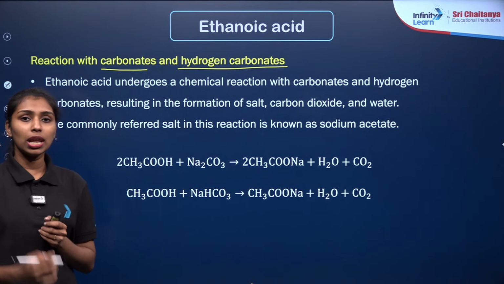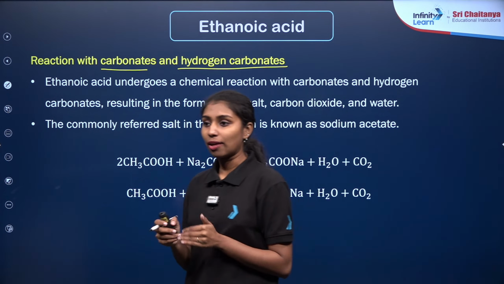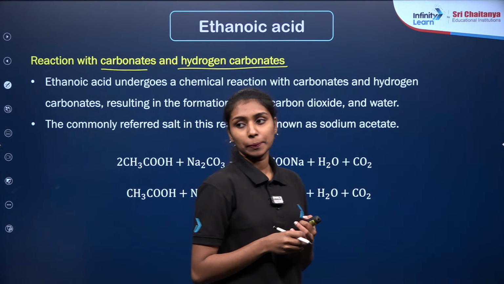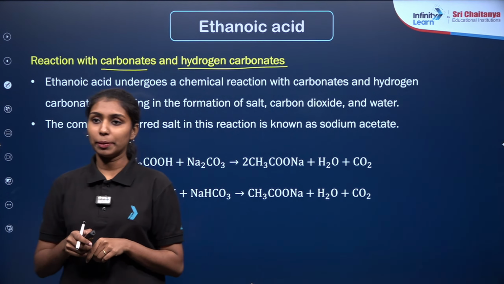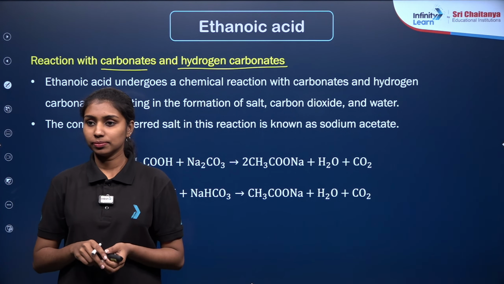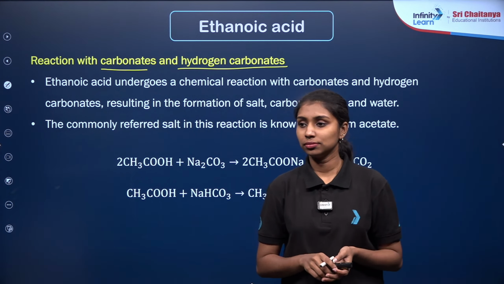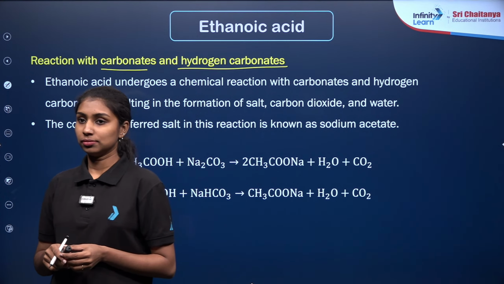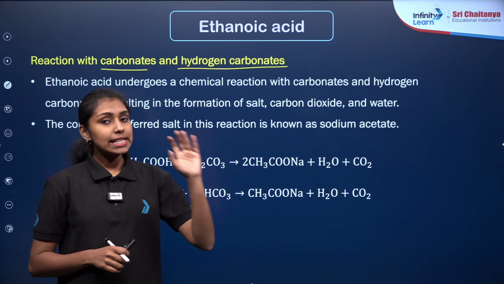So what will be the formula of carbonates? We have already discussed this in the first chapter, chemical reactions and equations. What will be the formula of carbonates? Yes, carbonate is an ion, right?